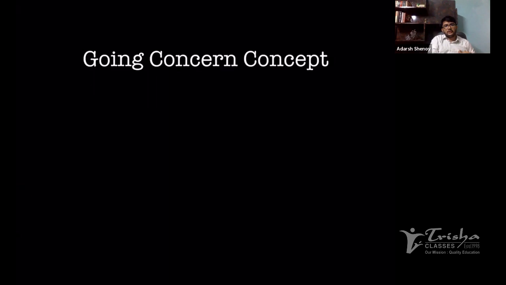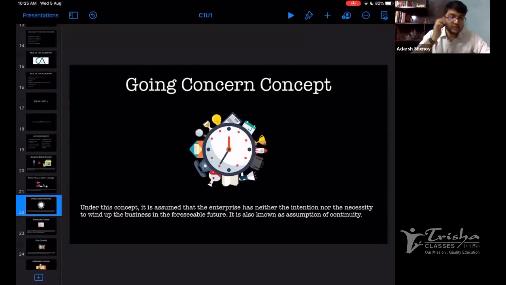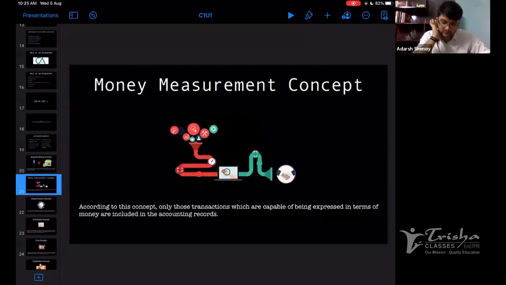More than 1 year. Perpetual succession. No, perpetual succession is something again, a company feature. Expansion of business. Business lasts for long. Okay, I was talking about the going concern concept.